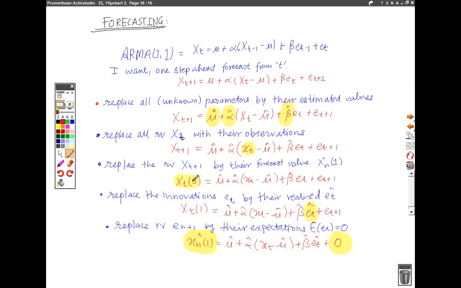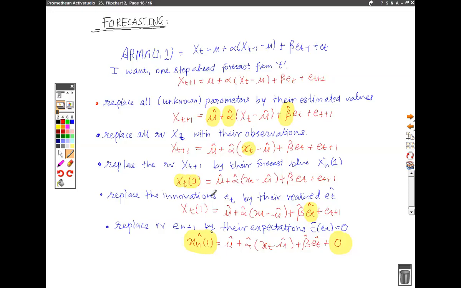The next step is to replace the random variables which you do not know as yet by their forecast values. So if you have xt plus 1 and you only know values up until time t, what you can write is xt(1), which reveals that the variable that you're looking at here is xt one step ahead, so xt plus 1.